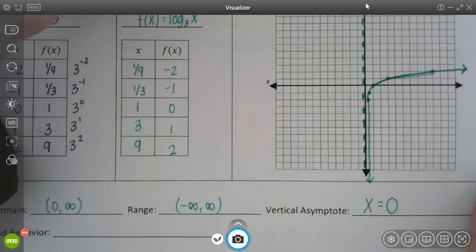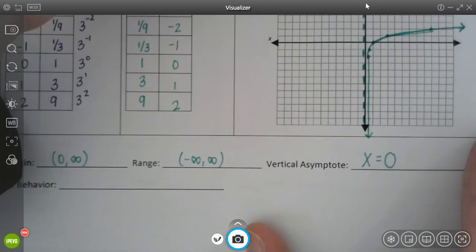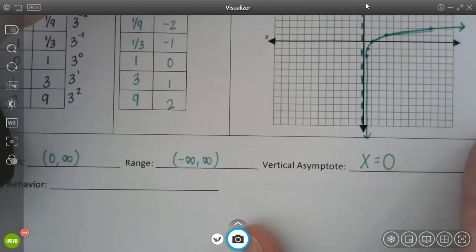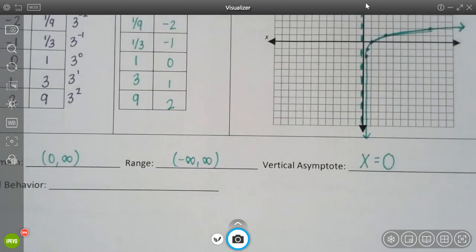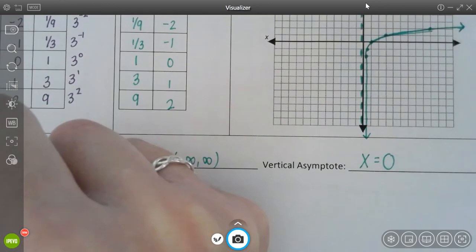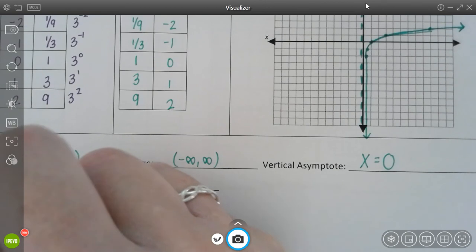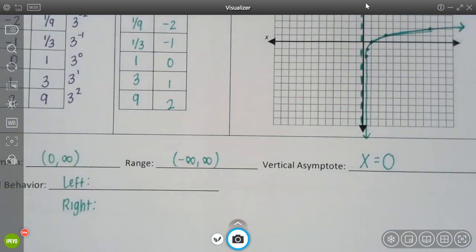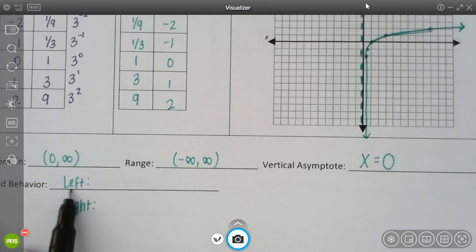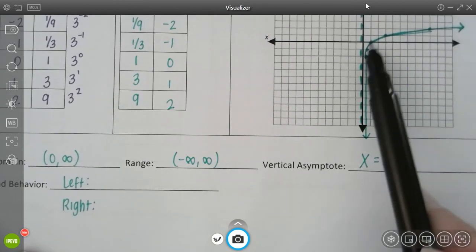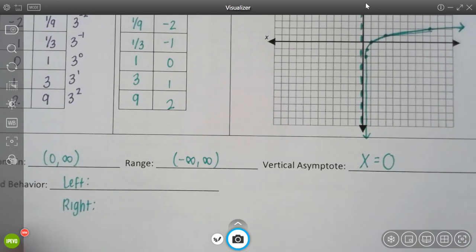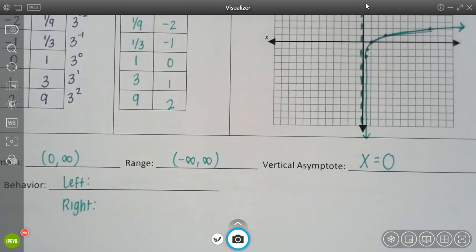And then we'll look at the end behavior of this graph, which is going to be a little different than the end behaviors of our exponential graphs, but we still want to look at it from the left and from the right. So for my left end behavior, this is where the asymptote comes in, because the asymptote is on the left side of the graph.